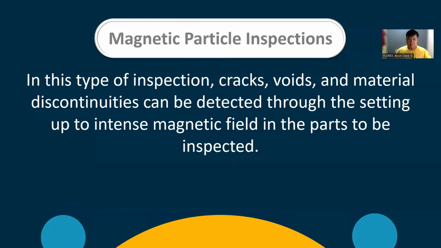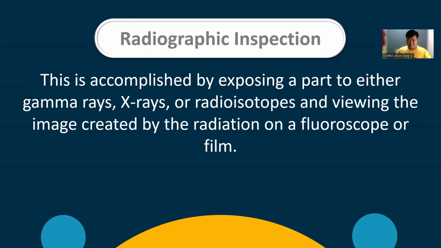Second, magnetic particle inspection. In this type of inspection, cracks, voids, and material discontinuity can be detected through the setting up of an intense magnetic field in the part to be inspected. This method is used to indicate surface imperfection in any materials that can be magnetized.